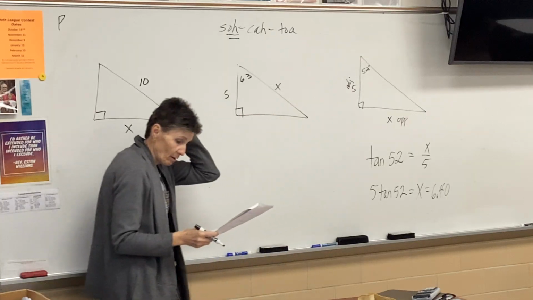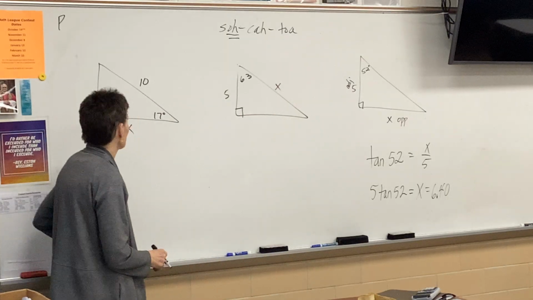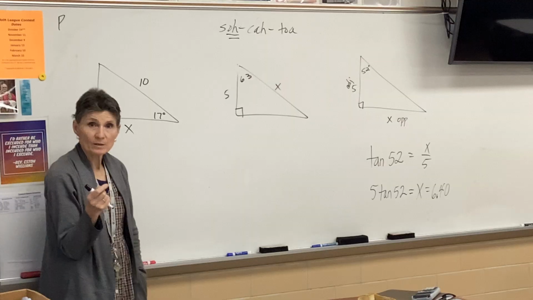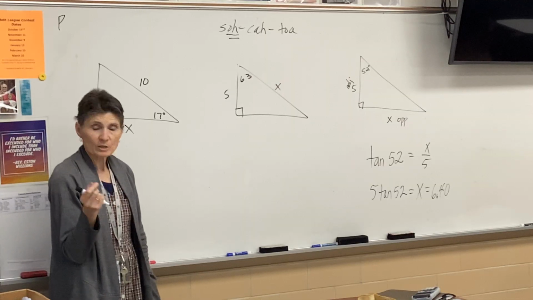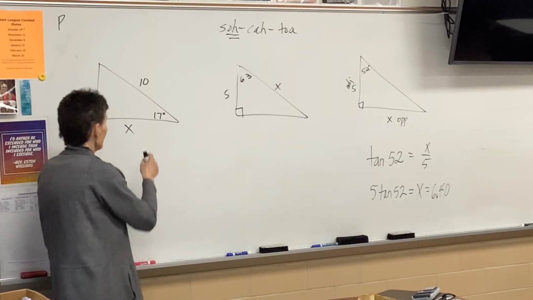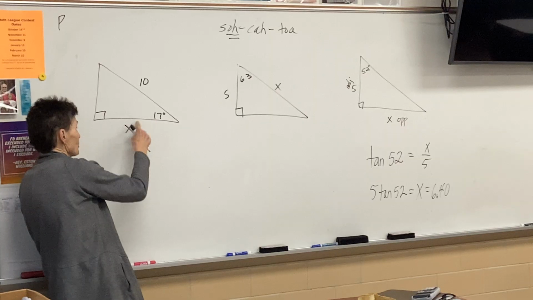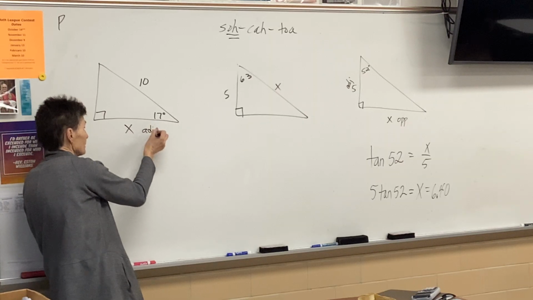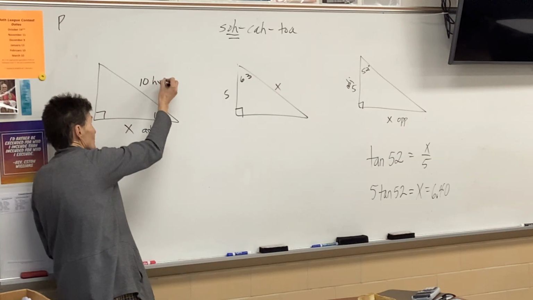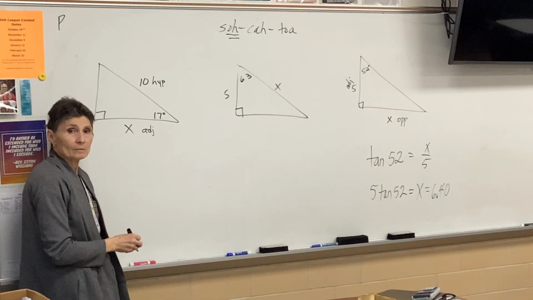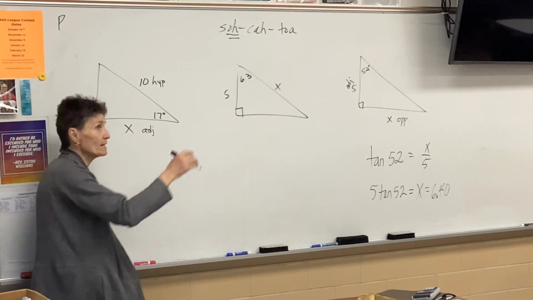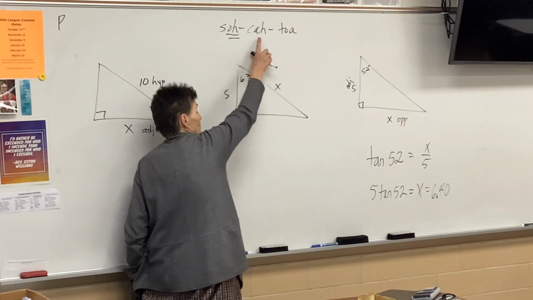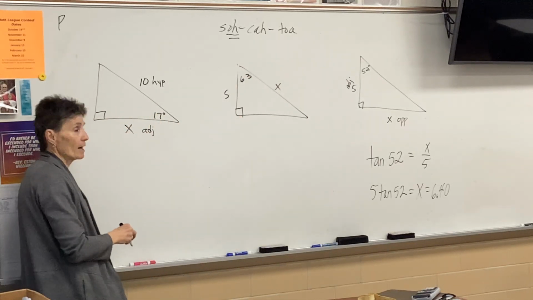All right, so here we are on D. Do you remember the first thing you need to do? Figure out which sides you've got. So here's my angle. So this would be adjacent, and this would be hypotenuse. So what function do I use if I have adjacent and hypotenuse? That's a cosine.